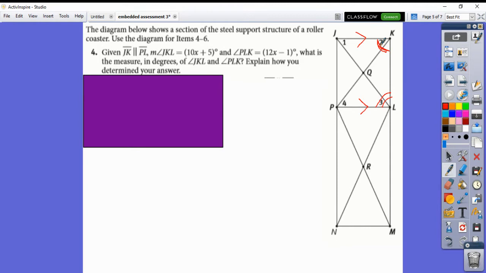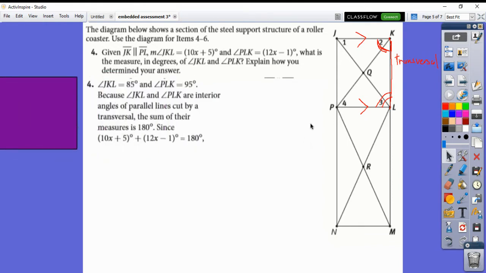Okay, well, just like we did in number 1B, are these interior angles or exterior angles? Well, they're interior angles. They're in between these two parallel segments. Are they on the same side of the transversal or on different sides of the transversal? Well, if we think about KL as our transversal, they're both on the left side of segment KL. So it looks like those are going to be same side interior angles.